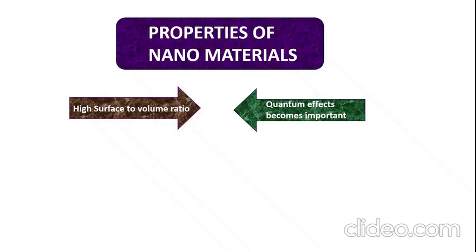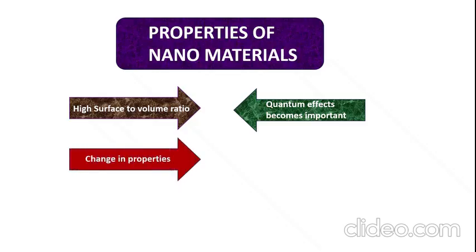But in quantum effects, we can determine each and every rotational and vibrational level of each and every material. So it becomes more important to study anything in nanostructures, and its quantum effects become more important.